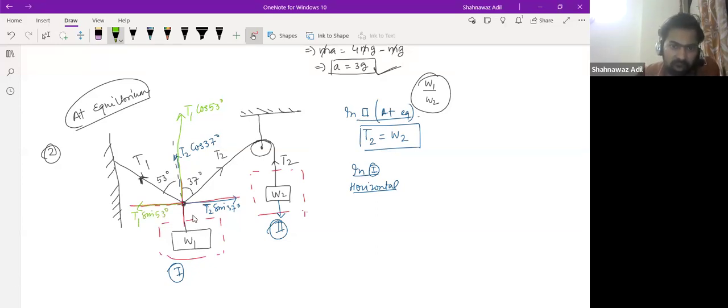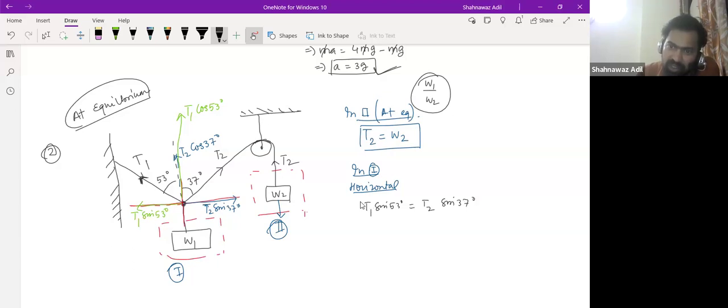So in horizontal one, these parts are balancing. For horizontal part, we have T1 sine 53, and this is equal to T2 sine 37.